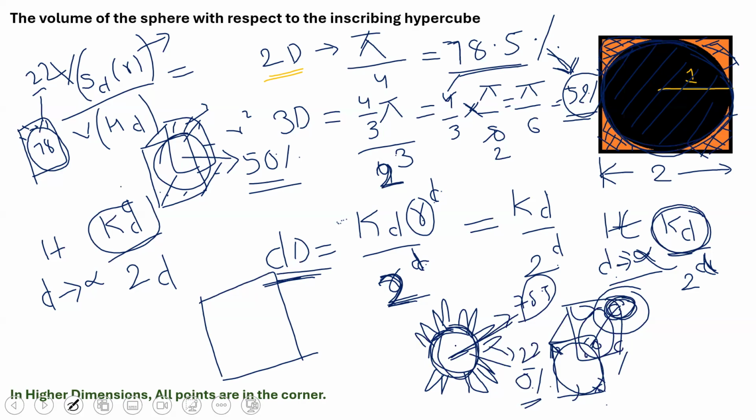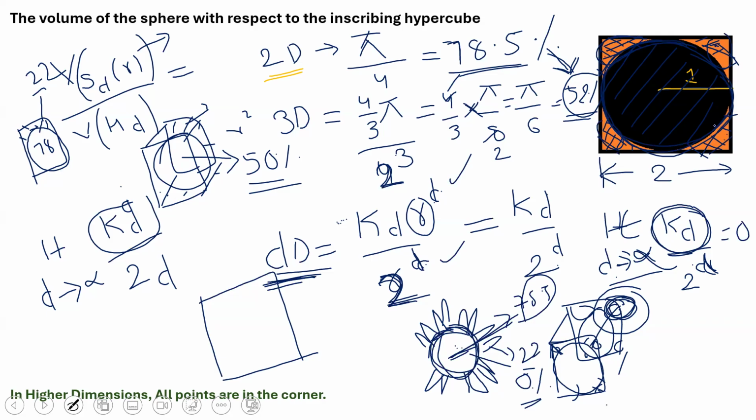All the volume is in these corners only in higher dimensional space. That is what it means in d-dimensional: volume of sphere by volume of cube is equal to 0, which means volume occupied by the sphere is equal to 0. So if the volume occupied by the sphere is 0, where is all the volume? All the volume is in the corners only. Okay. So that is what this particular proof will tell us.